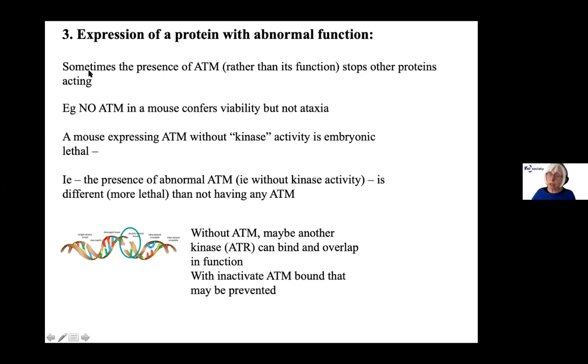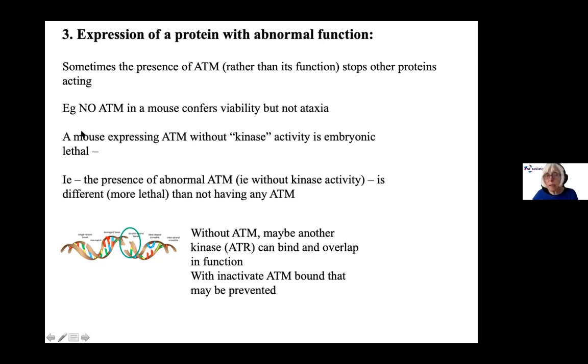And the example I'll give you here is, so we know mice completely lacking ATM have been generated, and those mice, they're viable, but they don't develop ataxia. So they're not completely exactly the same as humans, but humans without ATM are viable.